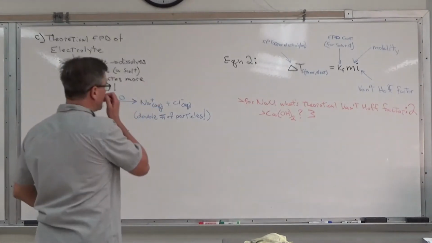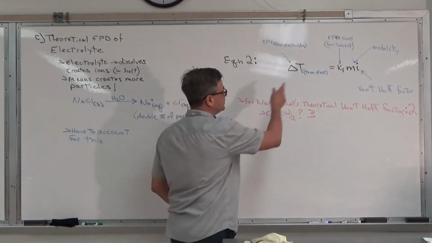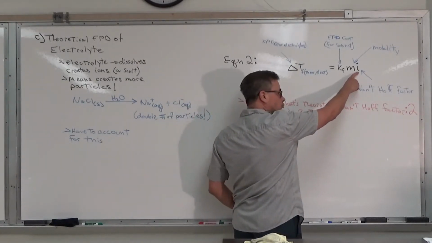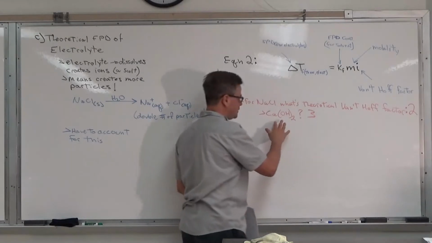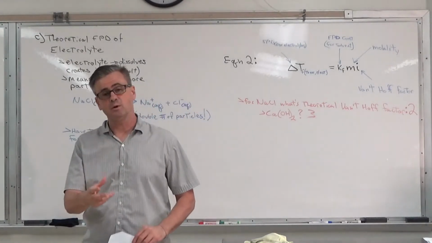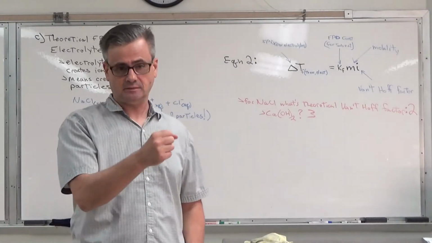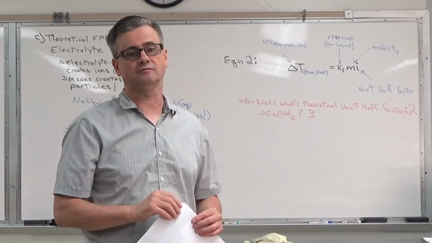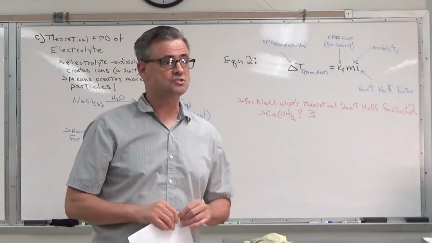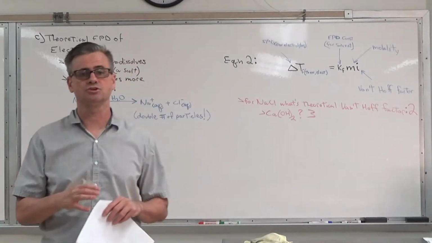This would imply that if you dissolve calcium hydroxide, it's going to be 3 times the effect you get from a non-electrolyte. We're going to see that experimentally it is often less. You don't get quite as much impact, and that is more so the more concentrated the solution gets.